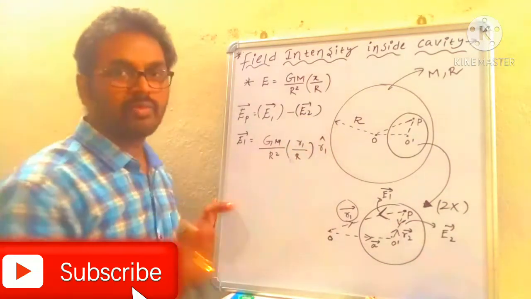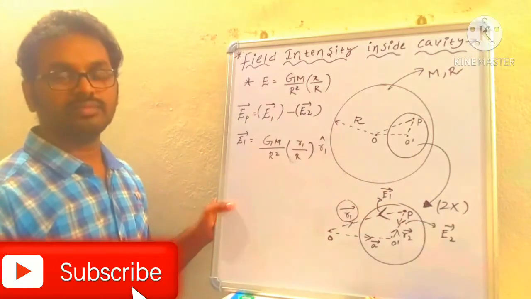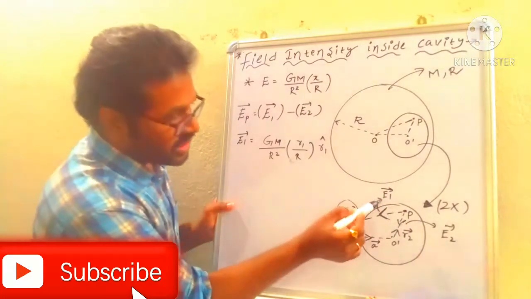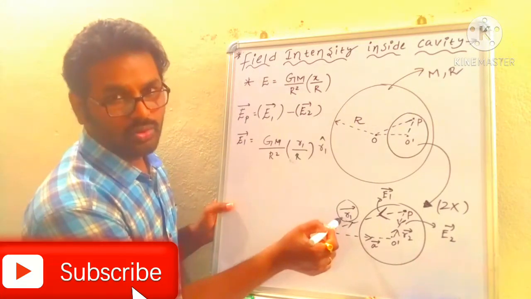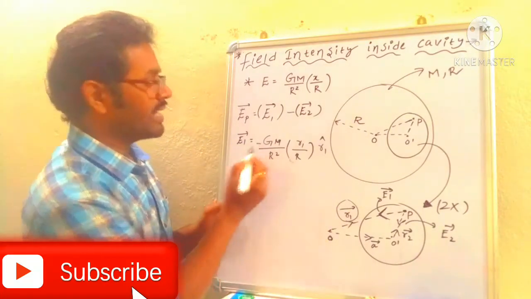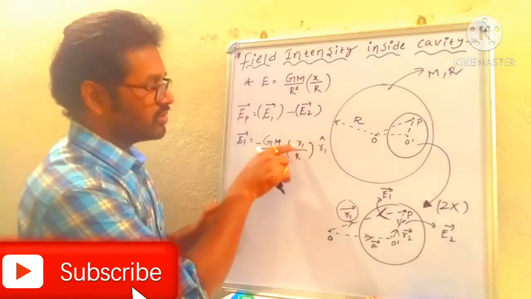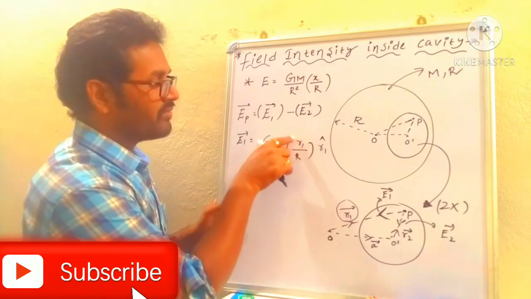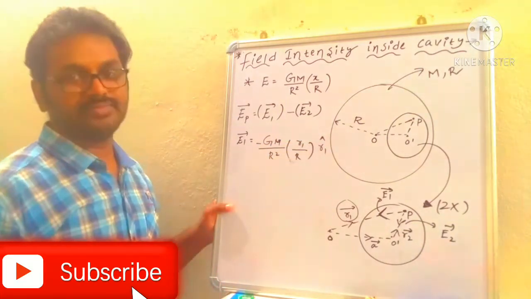So what is r1 cap? It is the unit vector along the direction of r1 bar. But E1 bar is opposite to r1 bar, so we need to place a negative sign here. When you take the magnitude of the vector with the unit vector, you will get the vector.